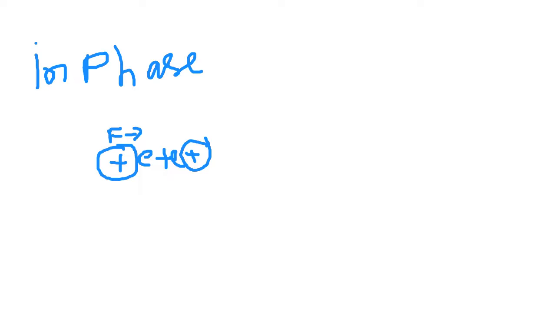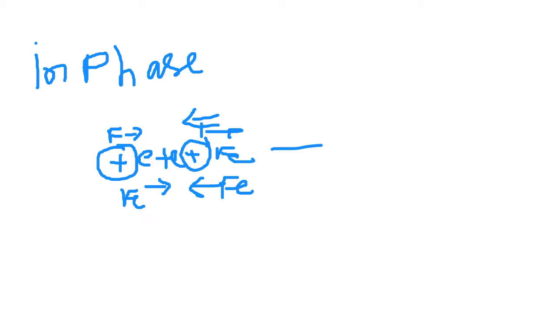Similarly, this nucleus will have attraction for this electron also. And the second hydrogen atom nucleus has an attraction force for this electron like that. Also, this nucleus has some attraction for this electron. And now these two positive signs repel each other and go away.